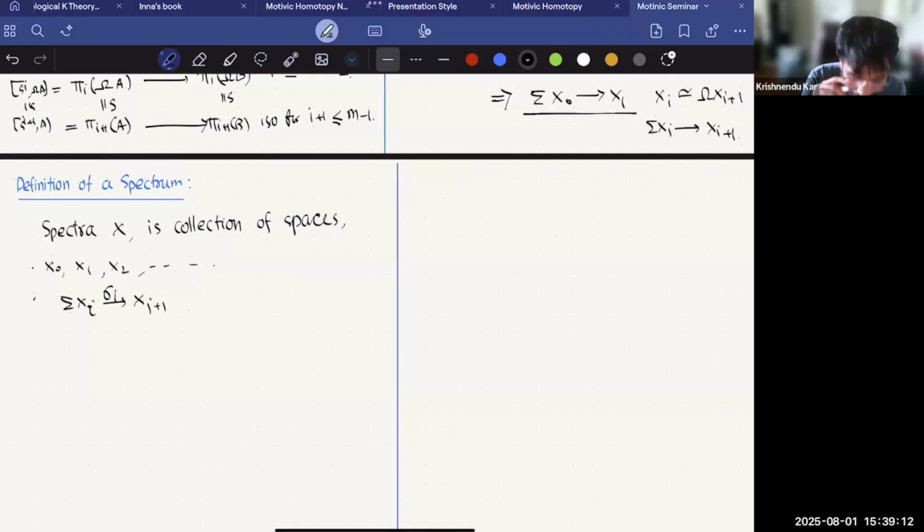A map between two spectra is defined as follows.